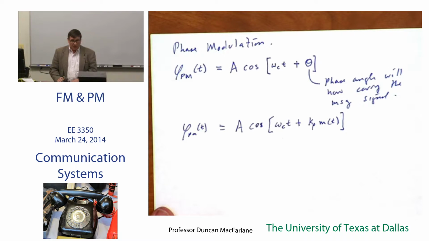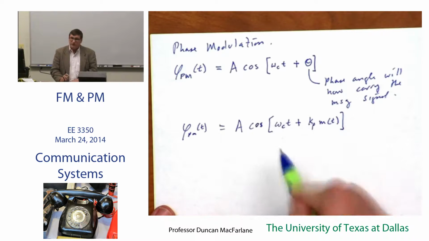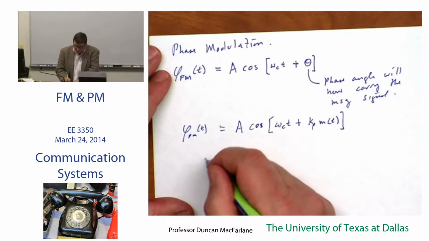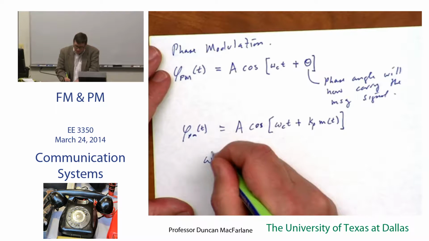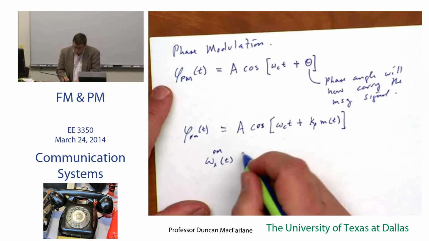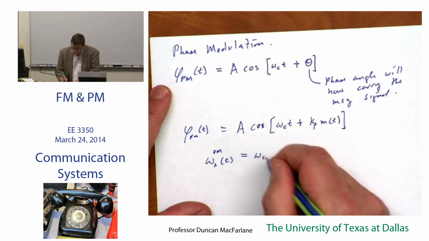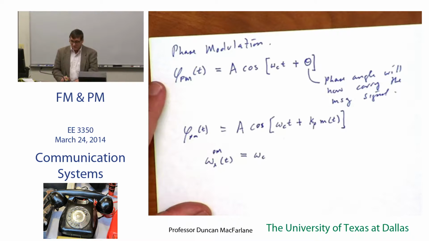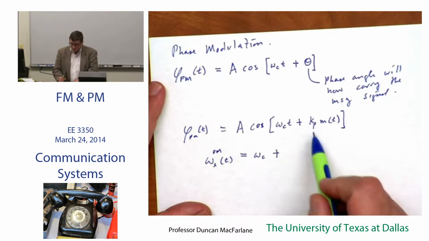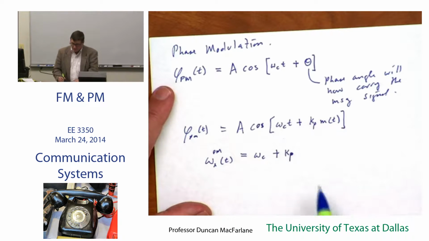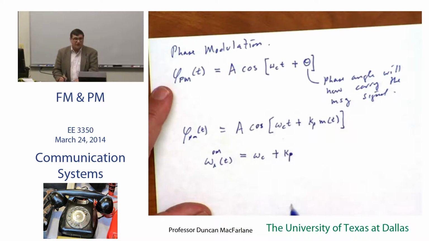Okay. So this is my big old mess, and I want to try out what I just told you, which is that the instantaneous frequency of a phase modulated signal will be the derivative of this. The derivative of the first term is omega c. The derivative of the second term, well, k p is a constant, and m of t is now a function of time.